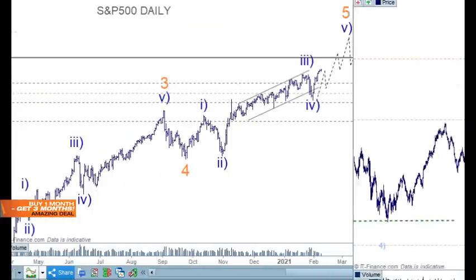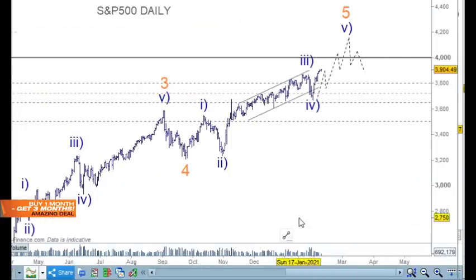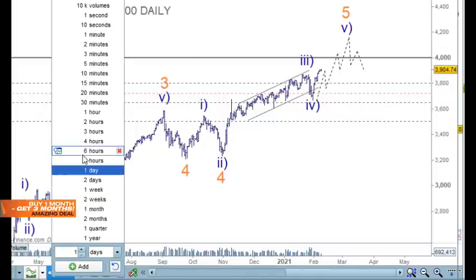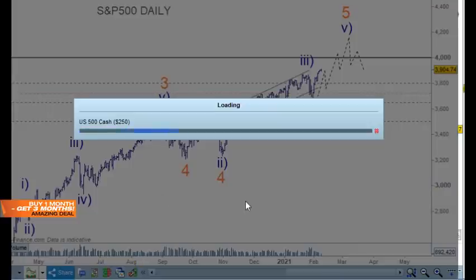I'll pull this to the side and we'll look at the S&P for a moment. So this is one count that we could have a look at the S&P on as well on the daily chart. Before we had wave 4 sitting over here for that, and we had wave 1 sitting here. I don't particularly like this count. The count that I actually like is this one here for this.